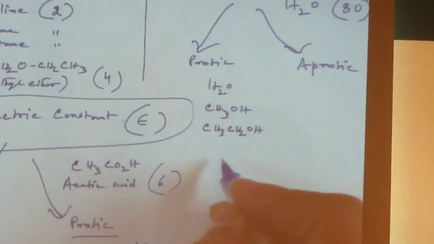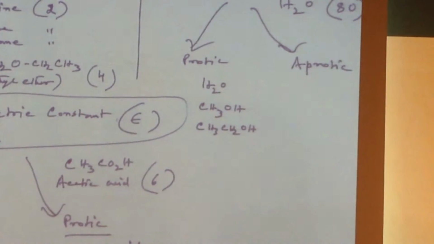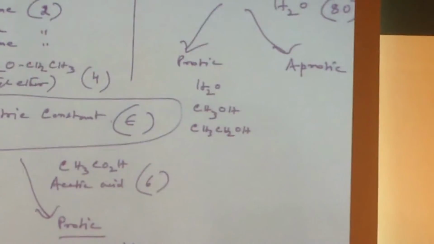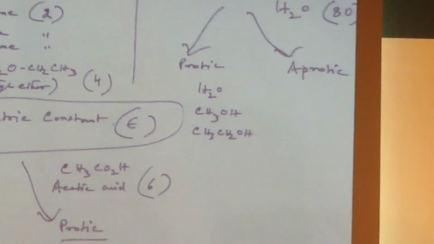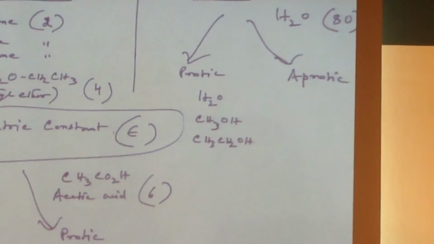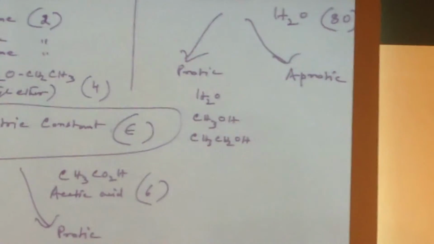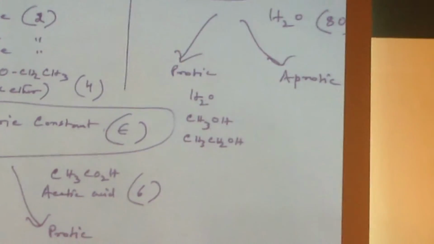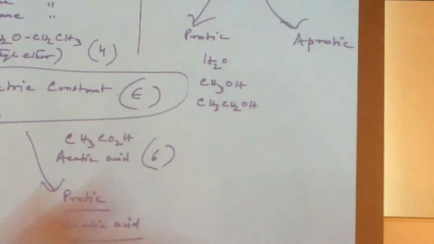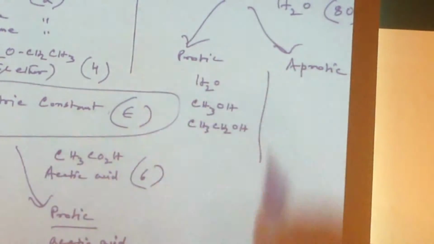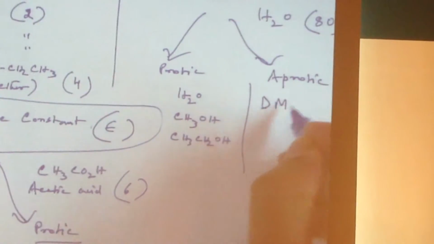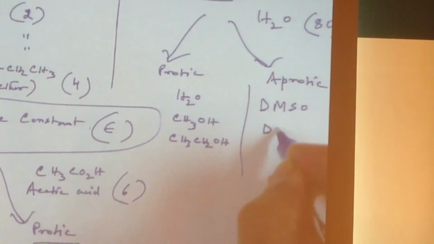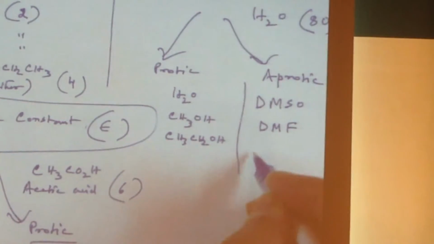These are examples of polar protic solvents because of their ability to hydrogen bond. Ammonia is also considered a protic solvent because it can hydrogen bond, not as efficiently as with oxygen, but nevertheless. And the polar aprotic solvents include dimethyl sulfoxide, DMSO, dimethylformamide, acetonitrile.